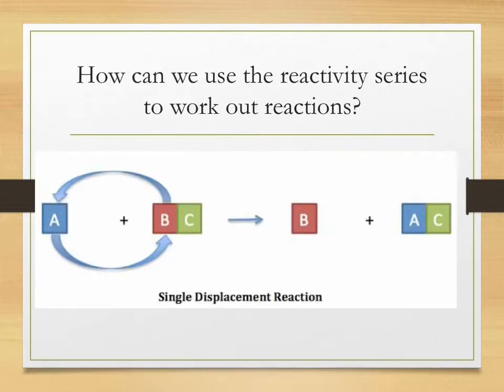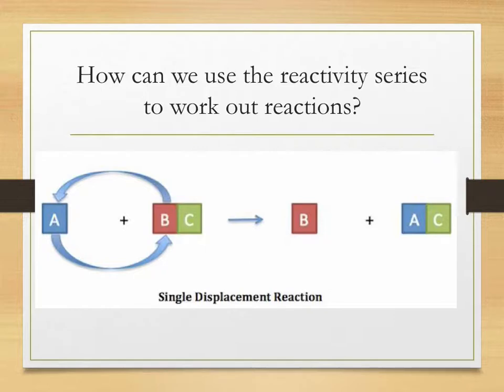A displacement reaction is where a more reactive element takes the place of a less reactive element. You may remember displacement reactions from when we looked at the group 7 halogens. For example, here we have a single displacement, where we have A reacting with the compound BC.